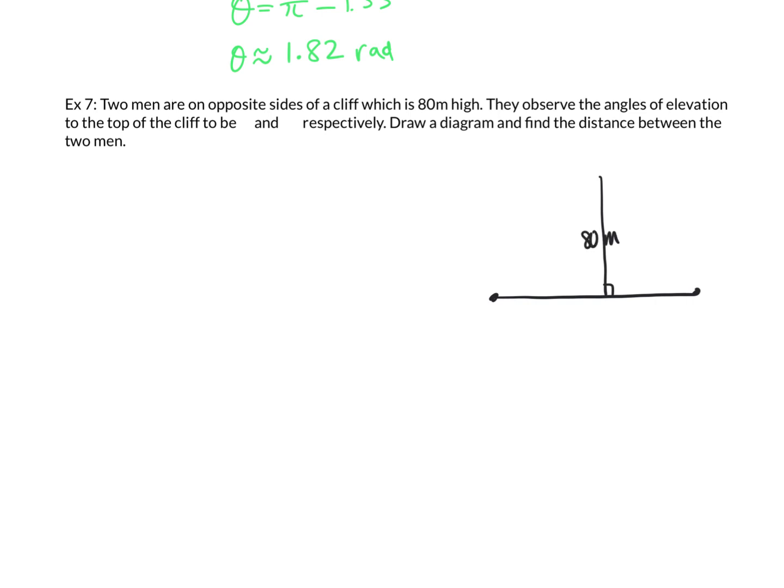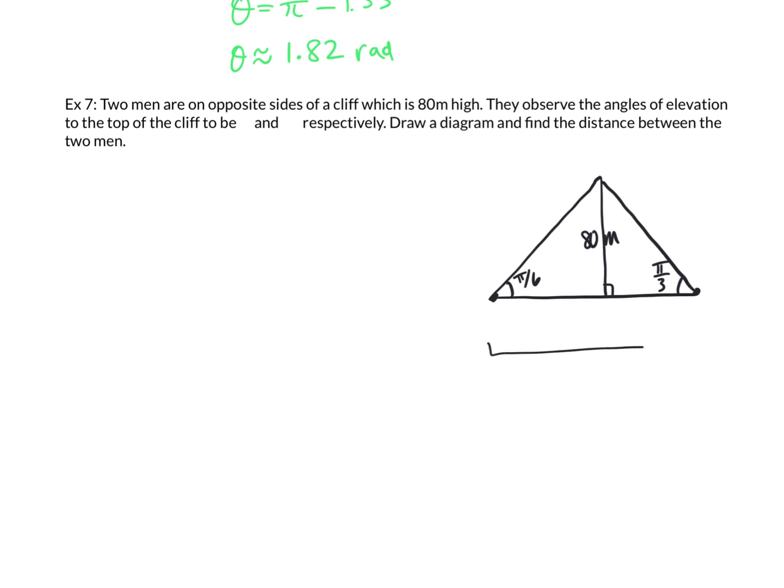They observe the angles of elevation to the top of the cliff to be pi over 6 and pi over 3 respectively. So one of them looks up and their angle of elevation is pi over 6. The other looks up and their angle of elevation is pi over 3. Draw a diagram, which we did, and find the distance between the two men.